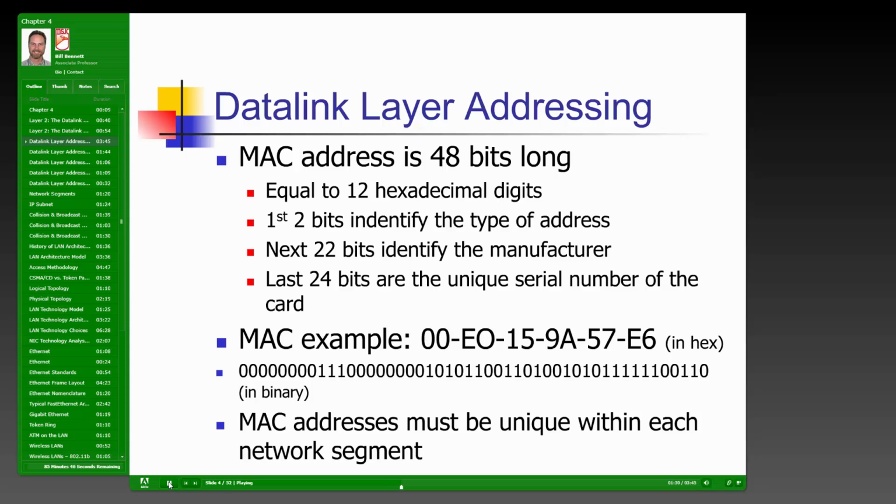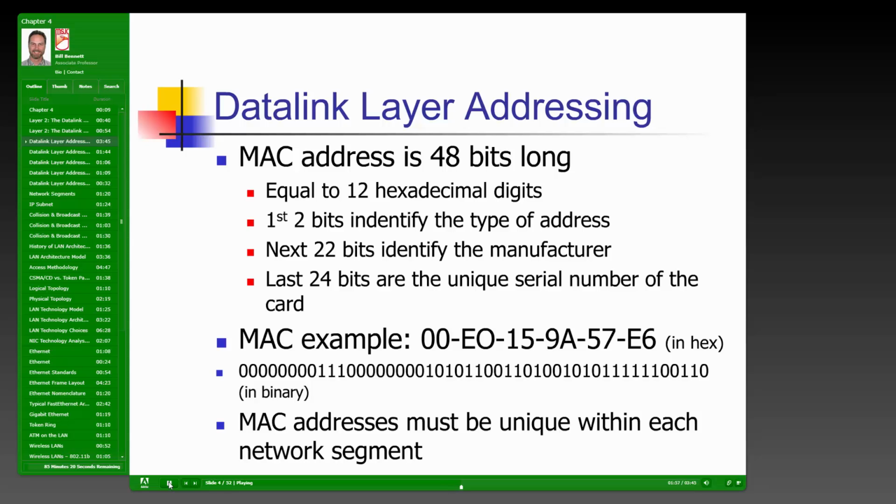The first 2 bits of the MAC address identify the type of address that it is. The next 22 bits identify the manufacturer of the network interface. And then the last 24 bits are just uniquely generated numbers at the factory, so that makes that particular network card unique in the network that it's going to operate on.